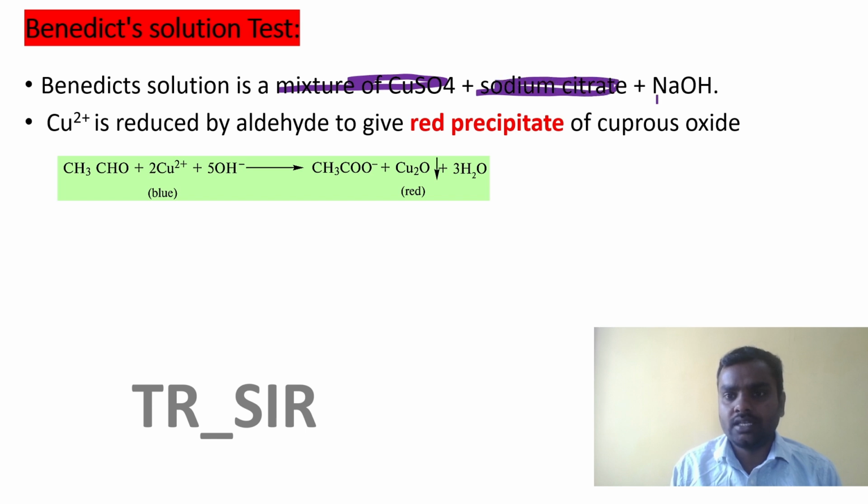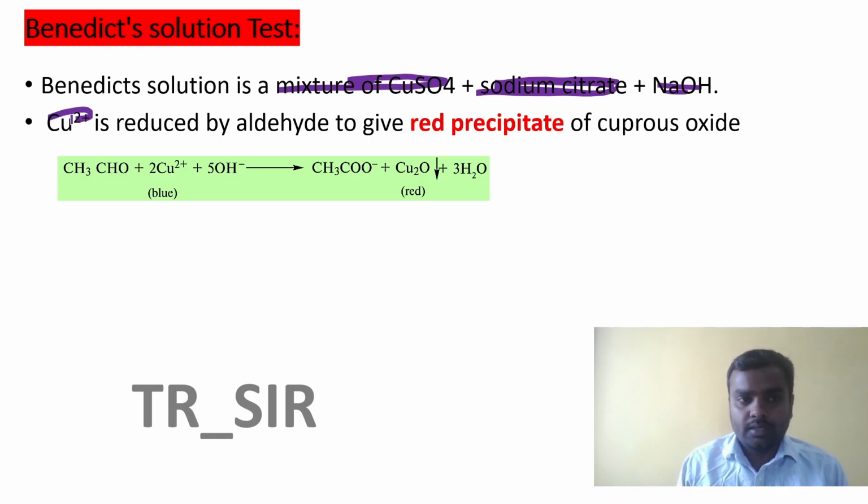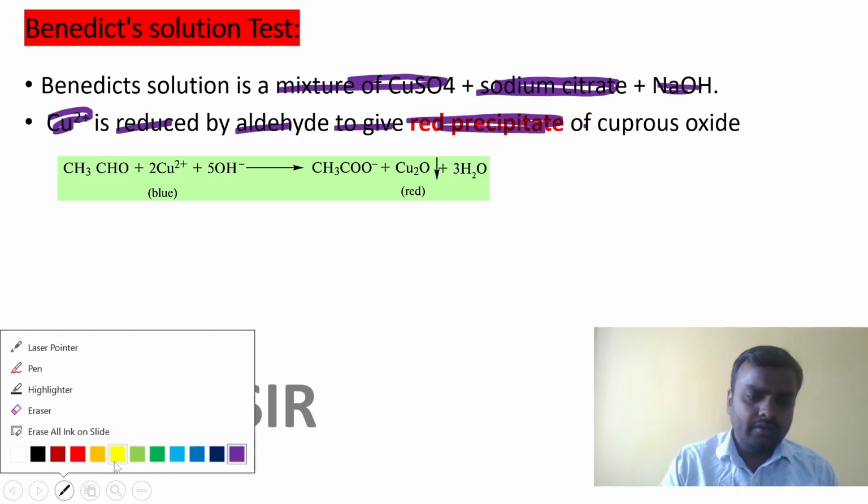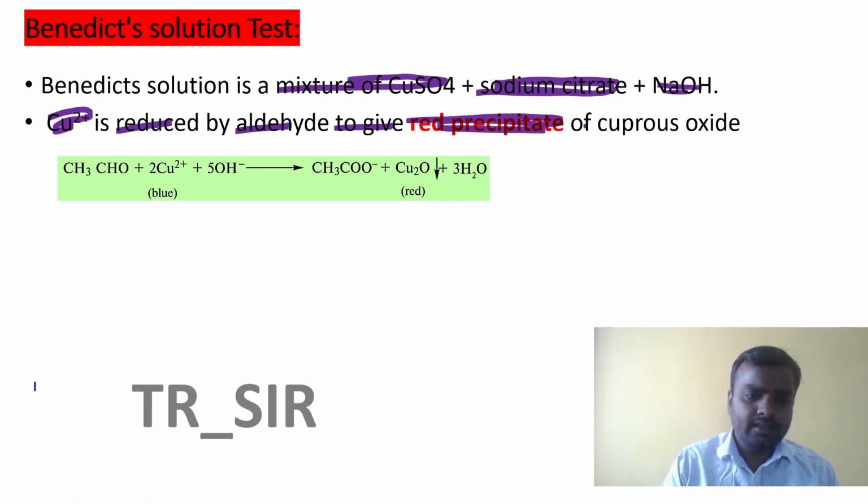Copper sulfate, sodium citrate plus sodium hydroxide we will mix. In this case also the same thing: copper 2 plus is reduced by the aldehyde to give a red precipitate of cuprous oxide. Same as Fehling's, but only one difference here. What will happen in that case?